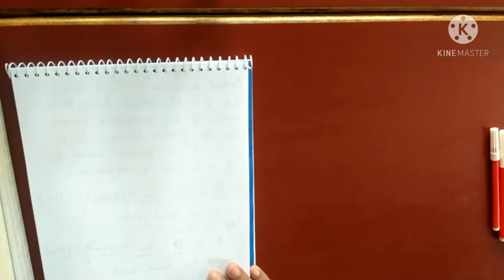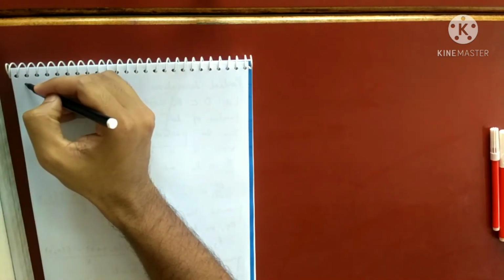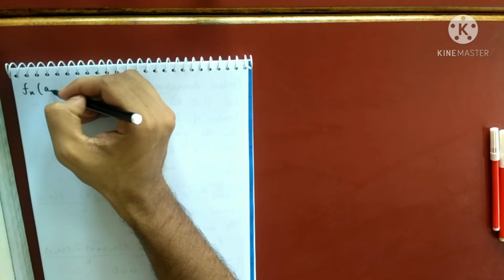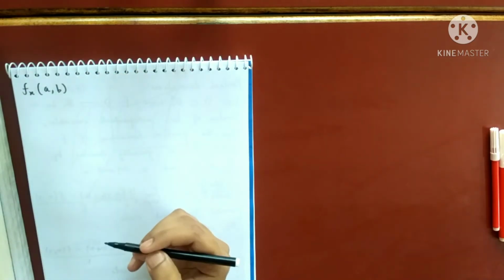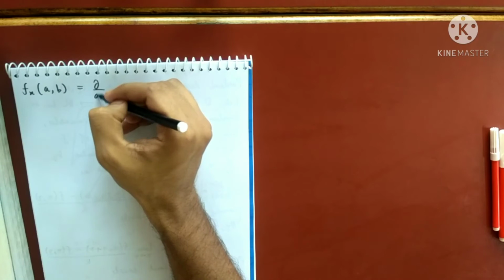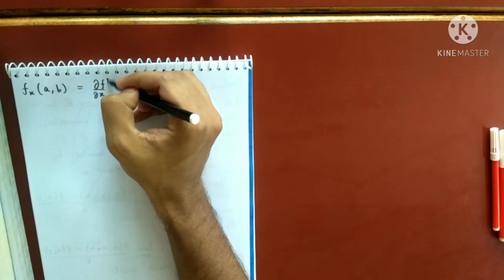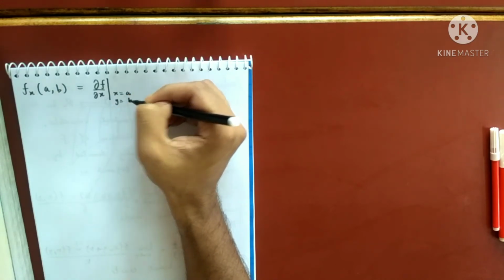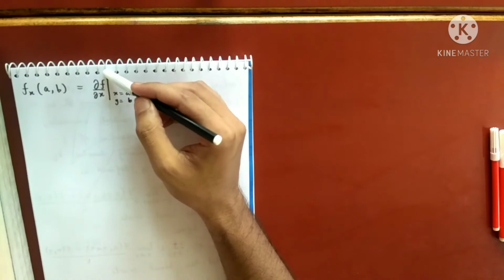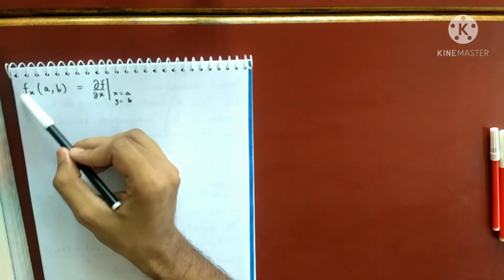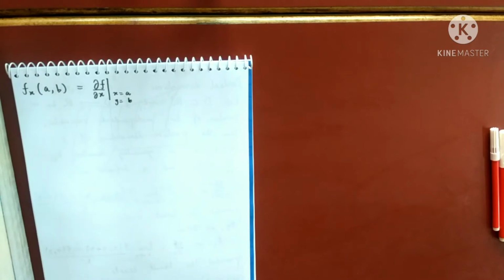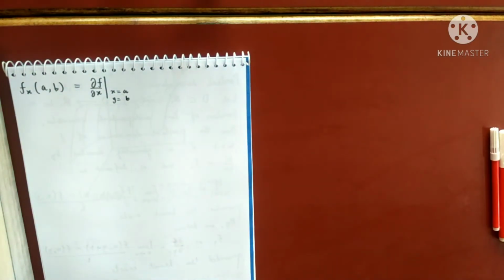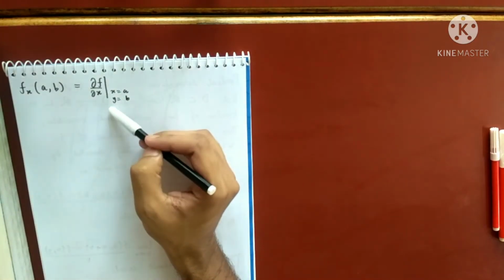Also understand the geometric meaning. What is the meaning of this? This means you first find the partial derivative of f at the point x equals a and y equals b. What is the geometric meaning of this? It means that you are first fixing y equals b.